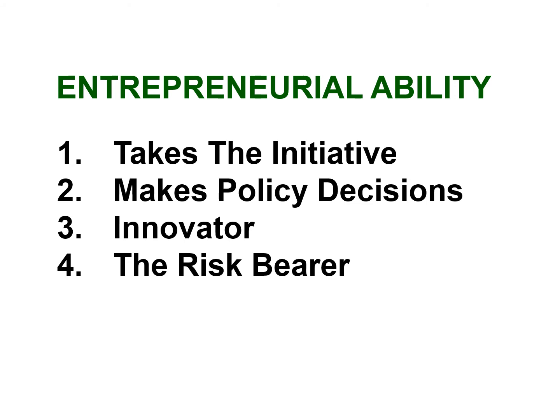So economists generally identify these four qualities of the entrepreneur. Number one is that they take the initiative. They look around and they decide what needs to be done. Number two is that they make policy decisions. Now this can be starting up your own company, or it could be within a larger corporation. Number three is the chief or principal skill of the entrepreneur, and that is they are an innovator.